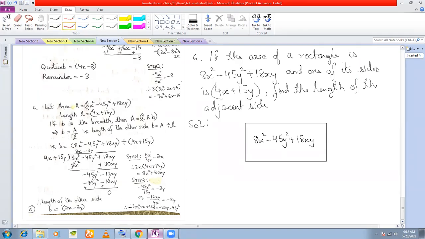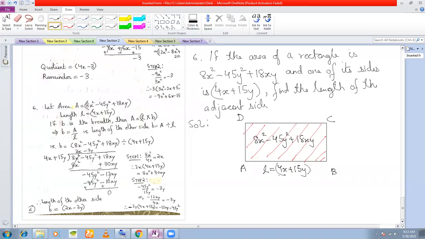So let us shade this. Let us call this rectangle ABCD. One of its sides is 4x plus 15y. So here let us take the length as 4x plus 15y. You can take the breadth also, no problem.